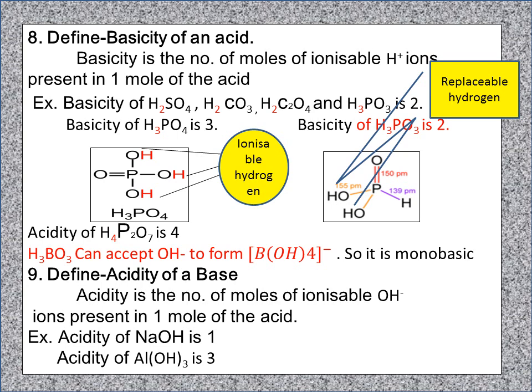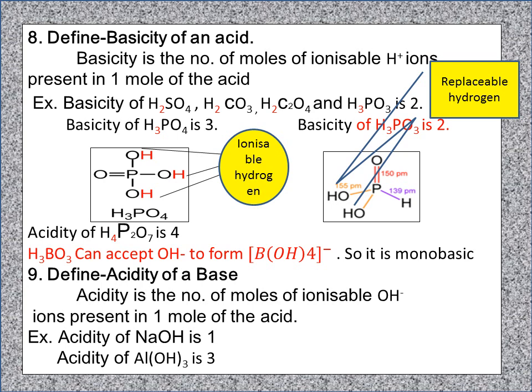In the case of H3PO4, none of the 3 hydrogen atoms is directly linked to phosphorus. Instead, they are linked to oxygen. So, those 3 hydrogens can be easily replaced. And so, for orthophosphoric acid, that is H3PO4, the basicity is 3. In the case of H4P2O7, there are 4 hydrogen atoms which can be replaced.